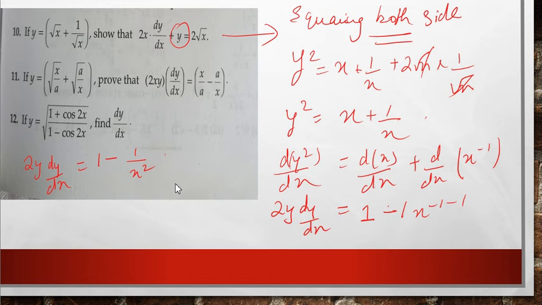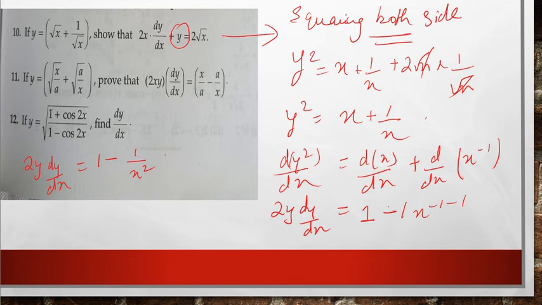Now see what the question is telling us: 2x dy by dx equal to 2 root x. So let me divide the entire equation by y. Let me erase this bit and take a new slide, that will be helpful.